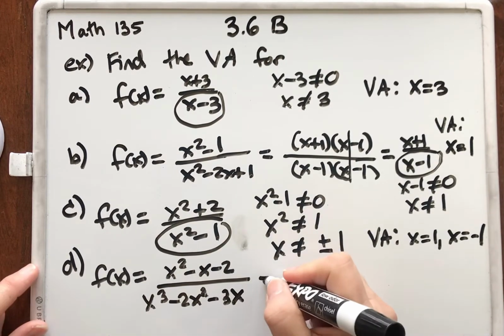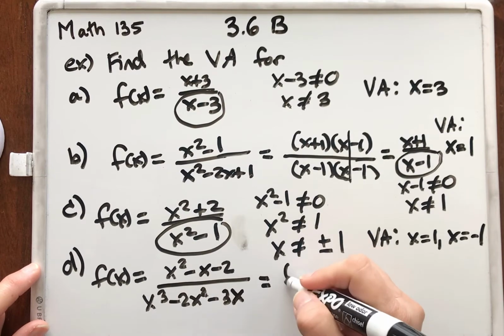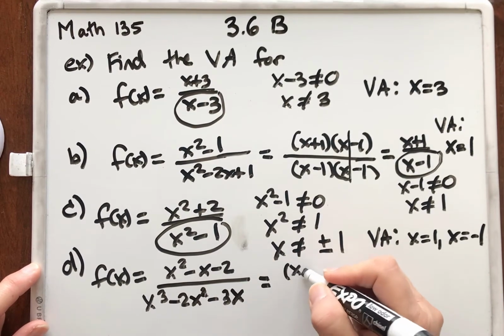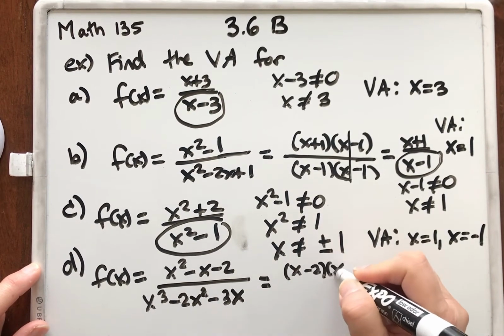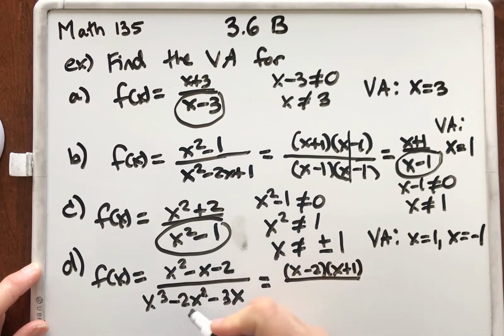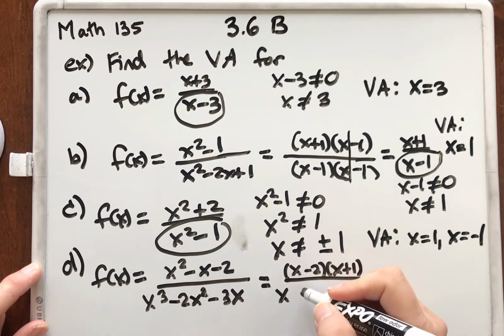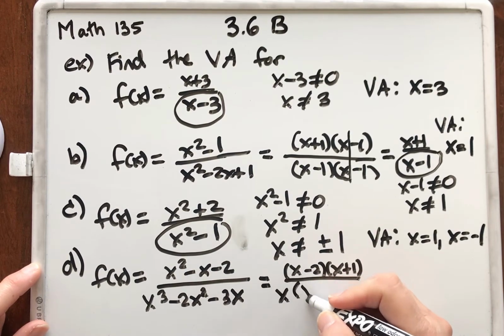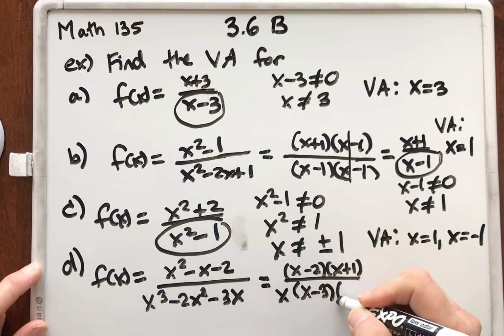Okay, like before, we're going to factor first. For factoring the numerator, we have x minus 2 times x plus 1. And factoring the denominator, we factor out an x. And then when we're done with that, just to save time, we have x minus 3 times x plus 1.